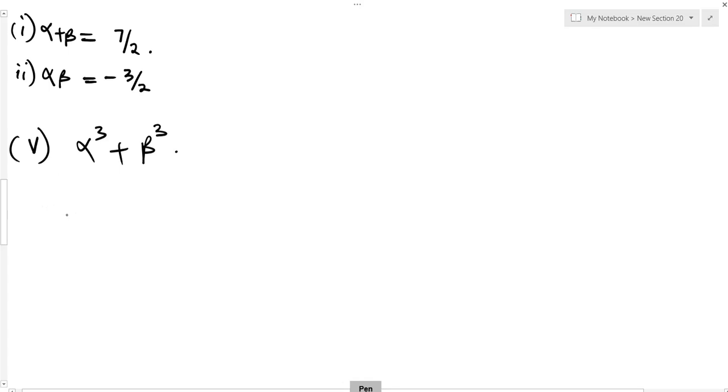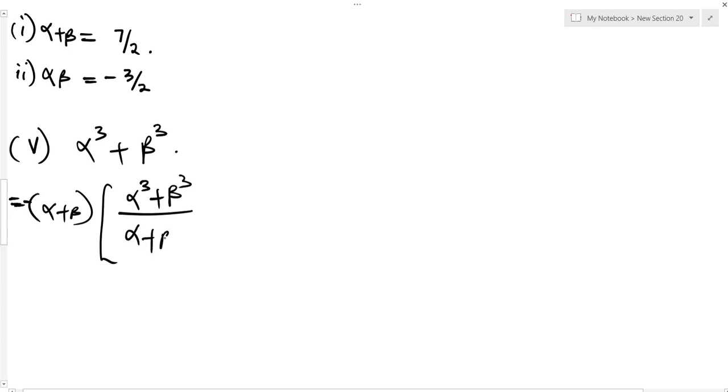Invariably what I'm doing is, if I now say alpha plus beta, this value here is the same thing as saying alpha plus beta times alpha cube plus beta cube all over alpha plus beta.